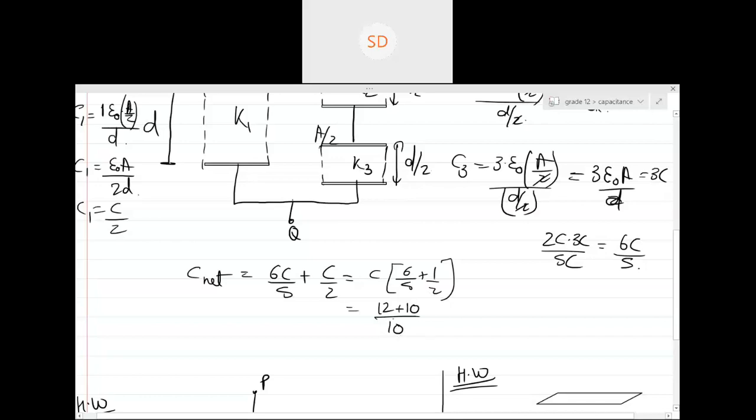So it has to be 12 plus 5, right? So the answer will be 17 epsilon naught A by D. This will be the answer. Yes, Rubia. Was this your answer?